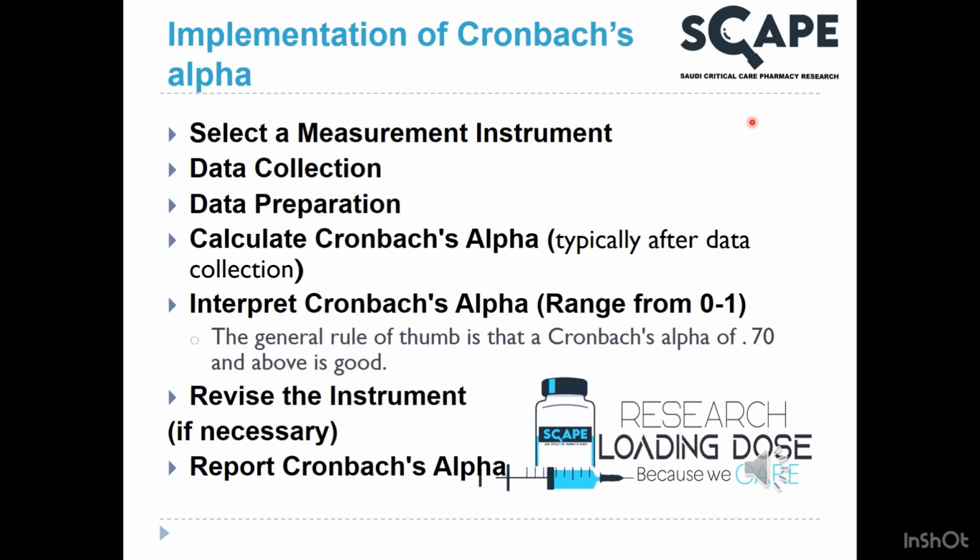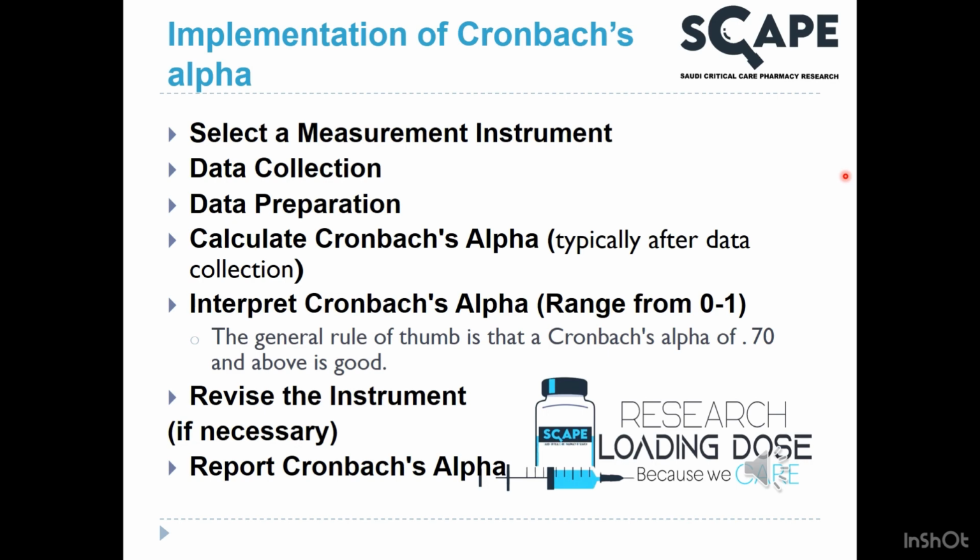And the next step could be, once we know that our internal consistency is quite low, then we can think about revising the instrument, which can be done by either removing items from your questionnaire or adding new items to improve reliability. And finally, we can report the Cronbach alpha in the results section of a research paper or in your report.